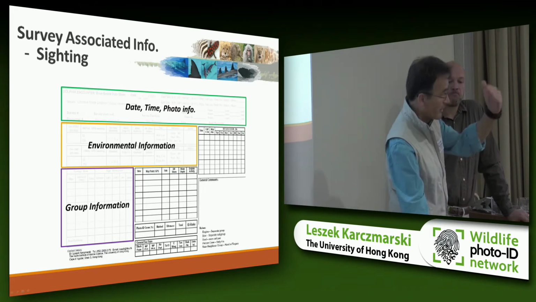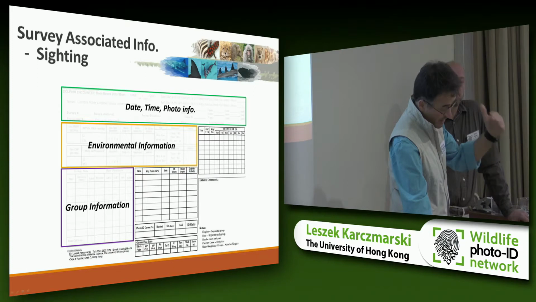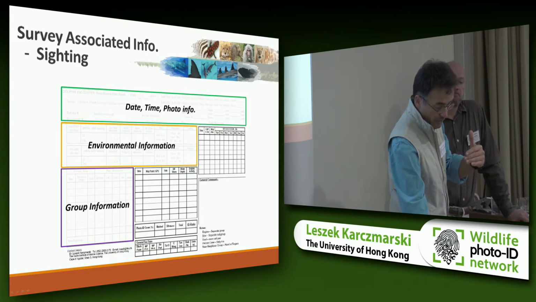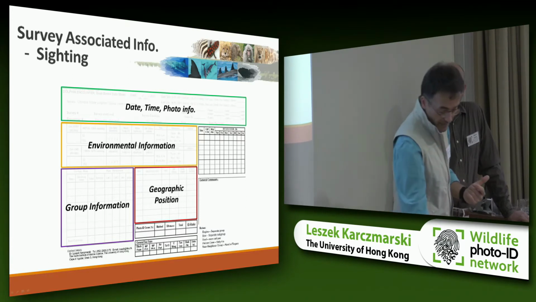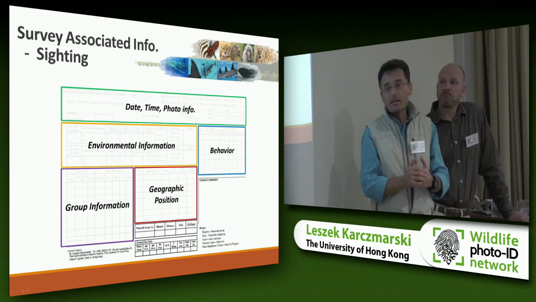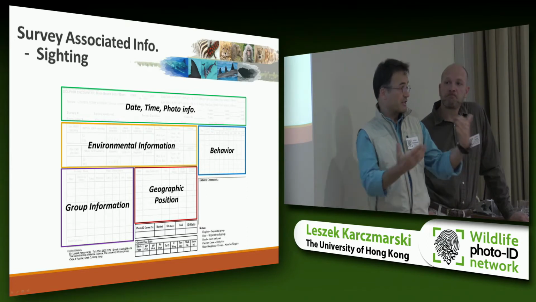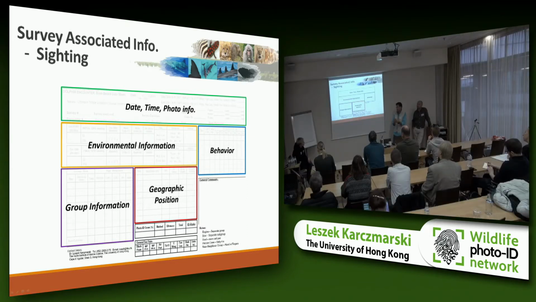So we would do this regularly through the survey. All this information will go in, along with geographic positions and environmental information collected through the survey, and the behavioral stuff. We would have another data sheet purely for the behavioral data, but in a summary data sheet, there will be at least some records of behavior throughout the survey.